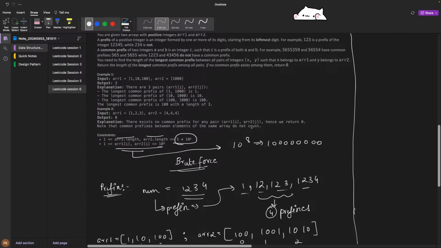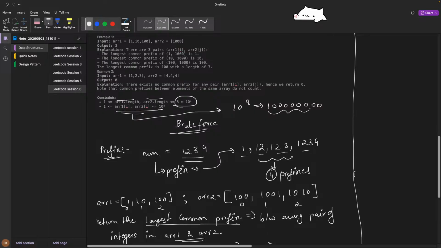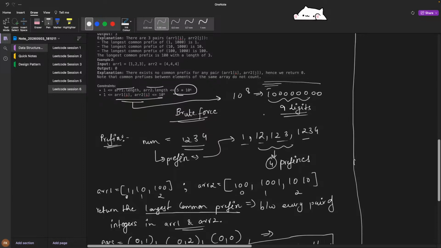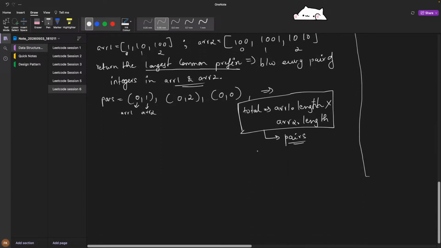This size is 9 digits. Why am I telling you this? For any number whose number of digits is 9, it's going to have 9 prefixes: 1, 10, 100, and so on till the end, 9 digits.